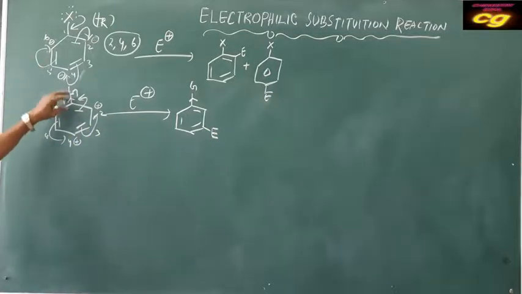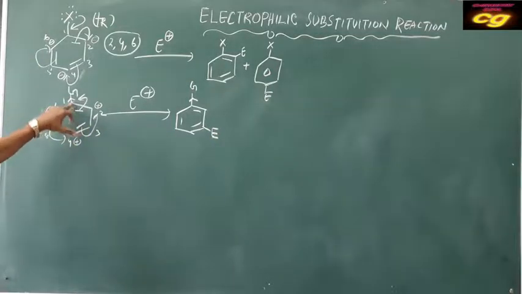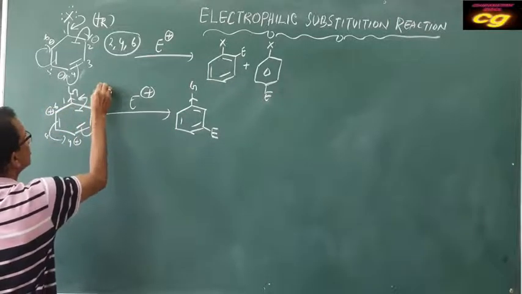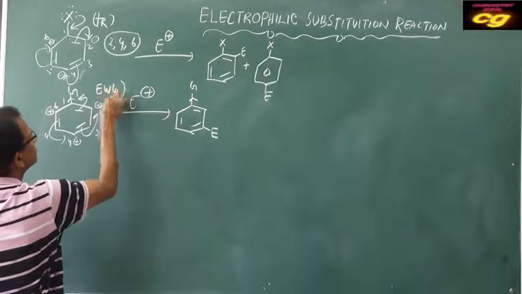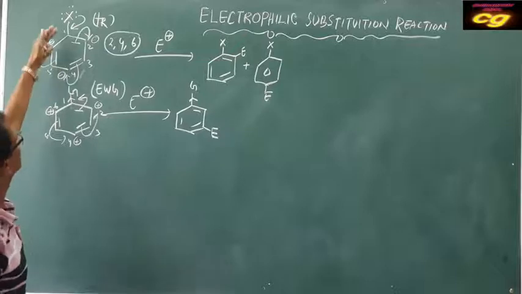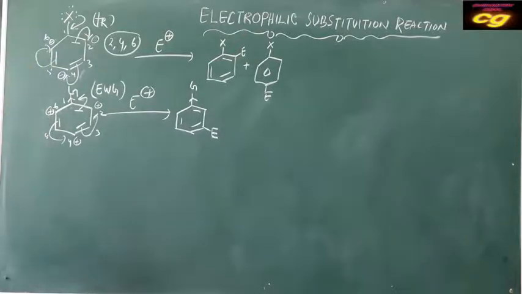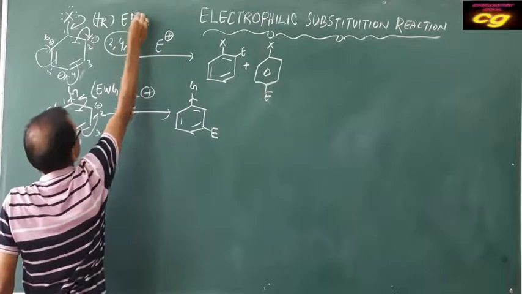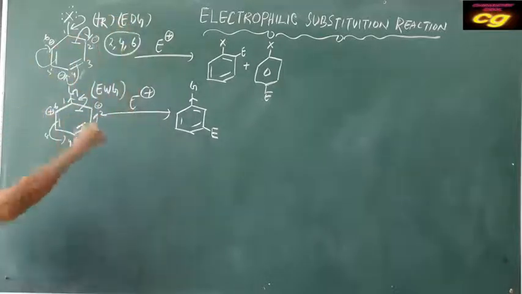These are called electron donating groups, and this G is called an electron withdrawing group, EWG. As they supply electrons, we call them electron donating groups, EDG.